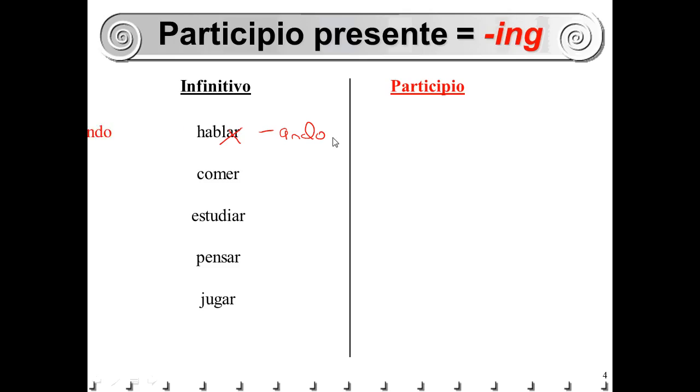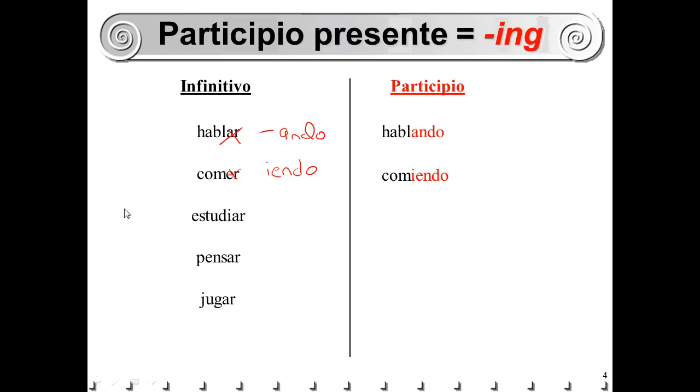Okay, so then it would be hablando. Comer, you would take off the ER, and you would add IENDO, because it ends in ER. So it's comiendo. So with hablando and comiendo, I want you to do the rest of them. I want you to just take off the end and add ando or yendo. So pause it and do that, and then come back.